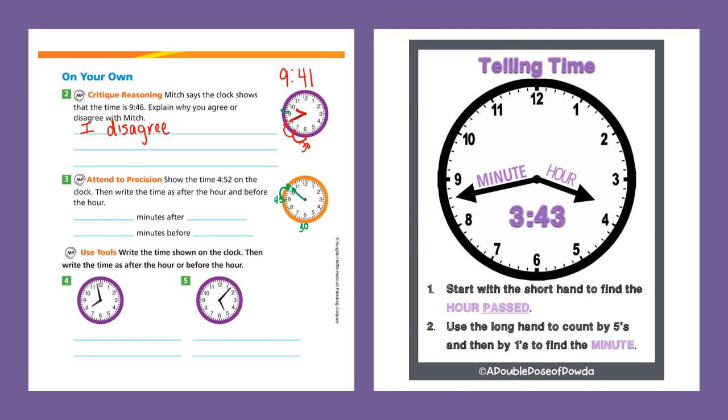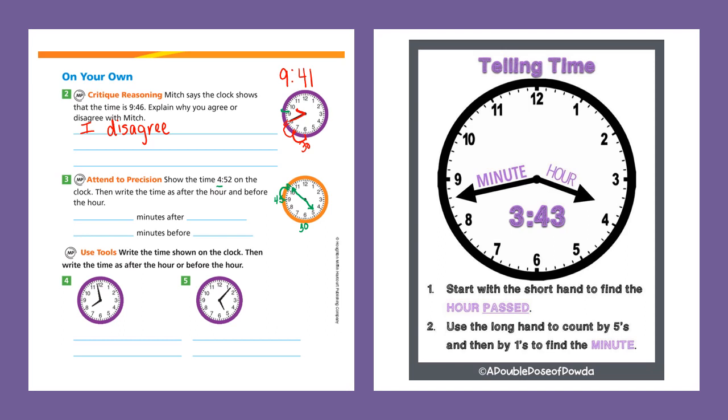And now with the shorter hand, we want to show 4:52, so the hour 4. I'm not going to point my hour hand exactly to the 4 because I know that 4:52 is almost 5 o'clock. So I'm going to make sure that my hour hand points almost to the 5.